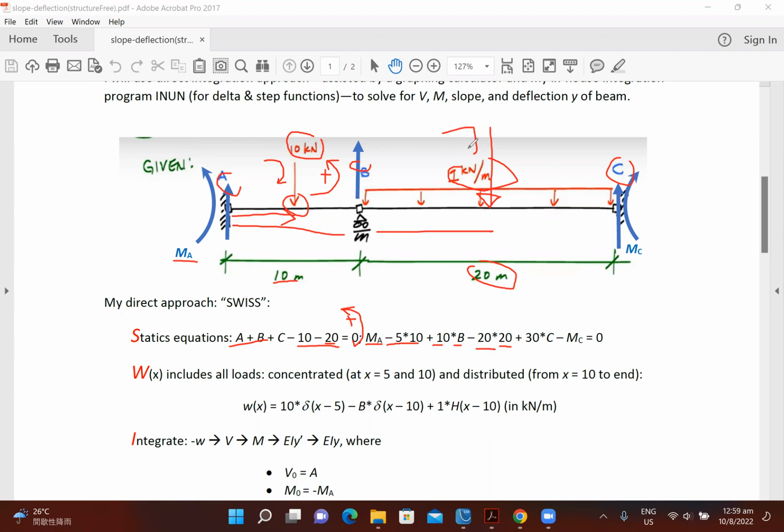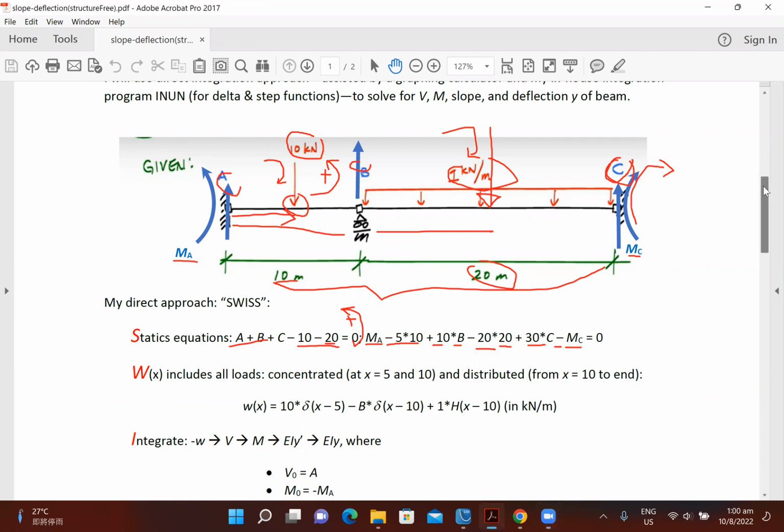And it's clockwise, so it's a negative, plus 30 is the moment arm, times C, the reaction assumed upward. And finally, we have a clockwise, hence negative term, MC, the reactive moment at the fixed end at C. All right. So it's very straightforward.